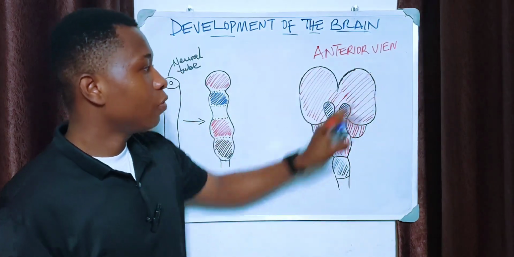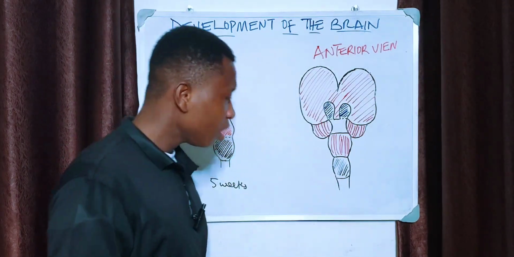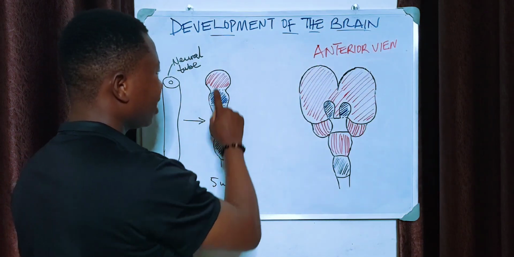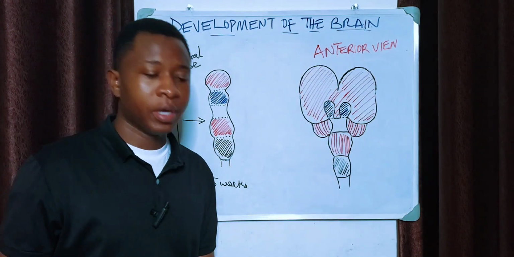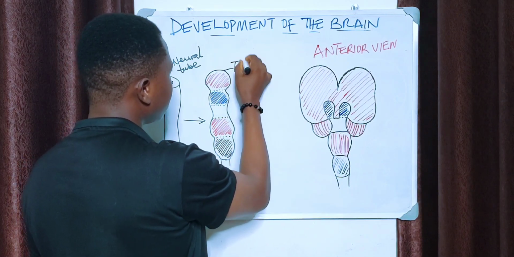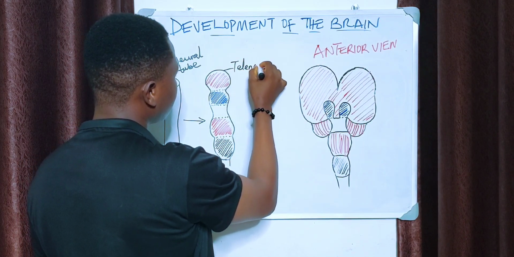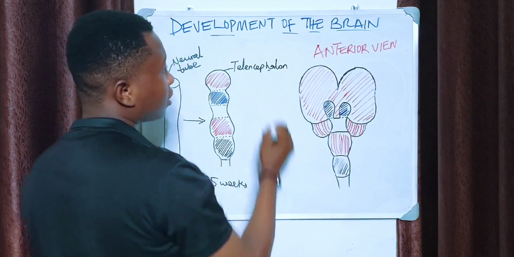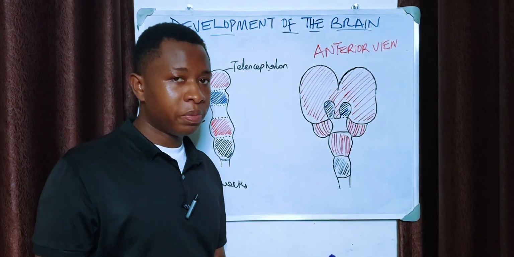Now, this is an anterior view of the brain. And looking at the 5 weeks old vesicles, we are going to be looking at what they develop into in the actual brain. Okay, so this first part is known as the telencephalon. Now, cephalon is the suffix for the brain, right?